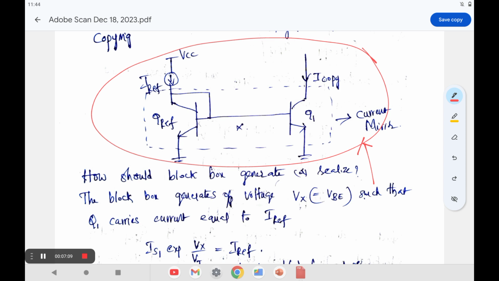That is the basic motto of a current mirror circuit: to design a circuit that produces a very constant current source, without deviation due to different parameters such as power rail variations or temperature conditions.